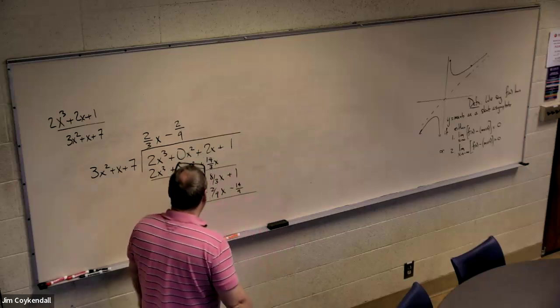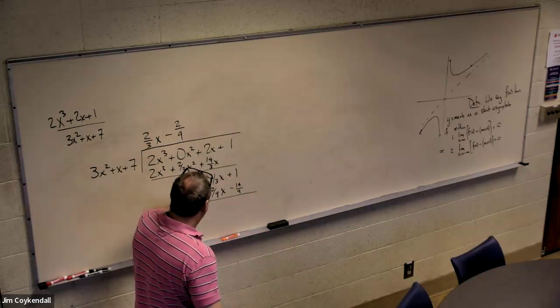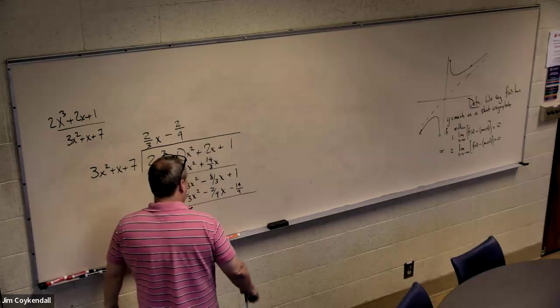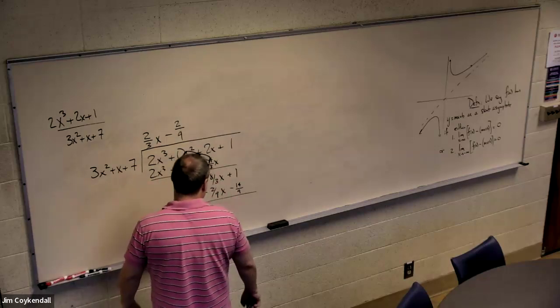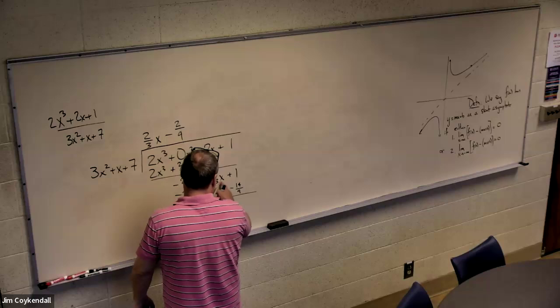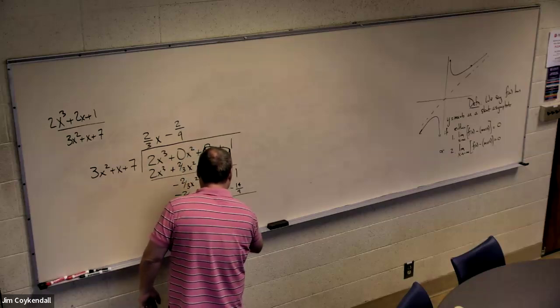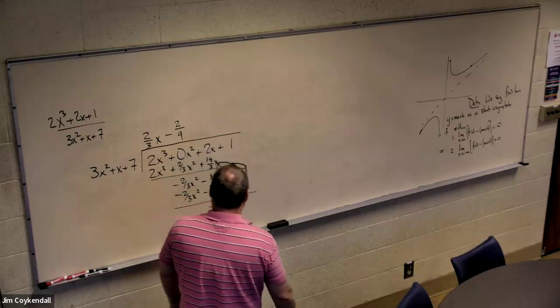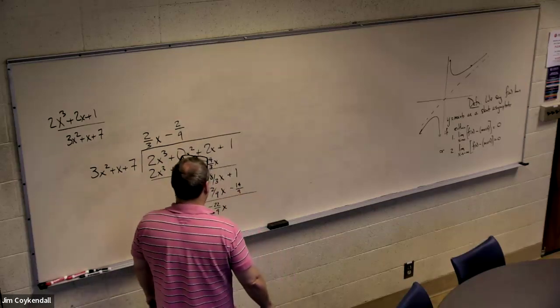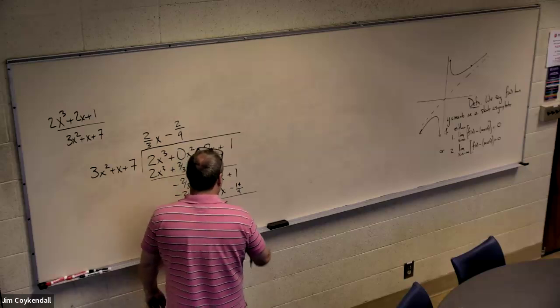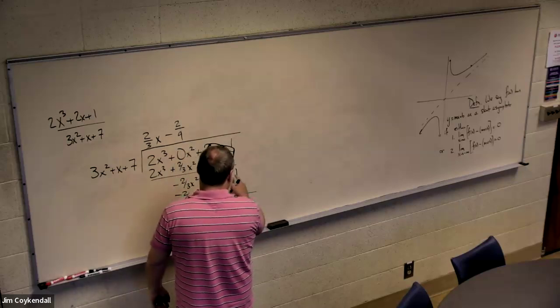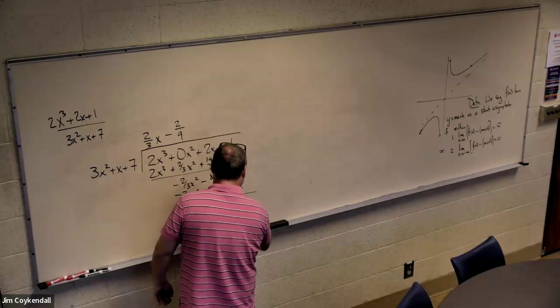And I subtract one last time. This minus this, 0. That's what I wanted. This is like minus 24 ninths minus 10 ninths is going to be minus 22 ninths x. And this is going to be 9 ninths.